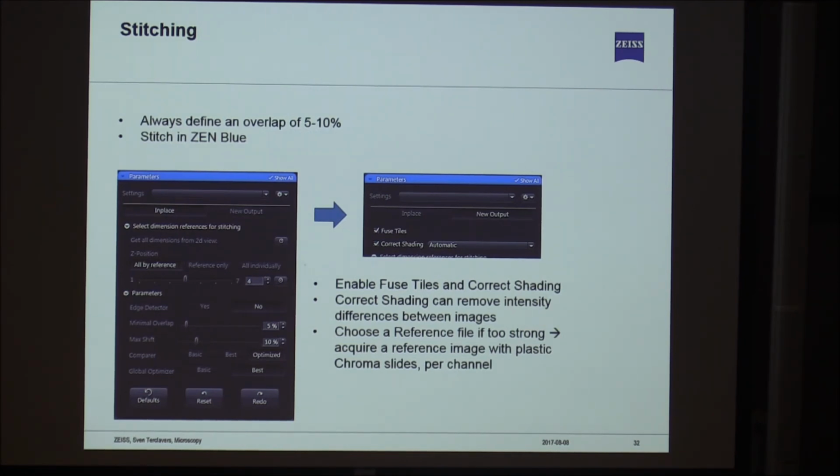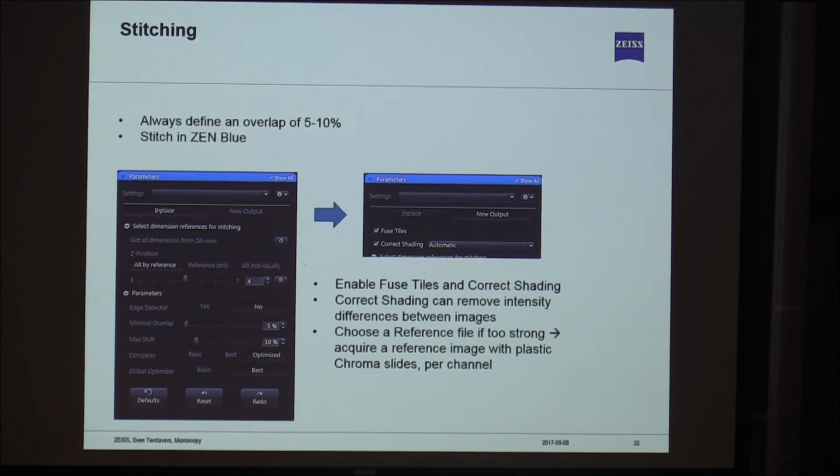Now, one thing to remember is that if you acquire tiled images with LSM 880, 700, or 710, always try to apply a 10% overlap, minimally 5%, I would suggest, and then process the stitching in ZenBlue. ZenBlue can definitely recognize those images and can do a much nicer job for stitching than ZenBlack can do.